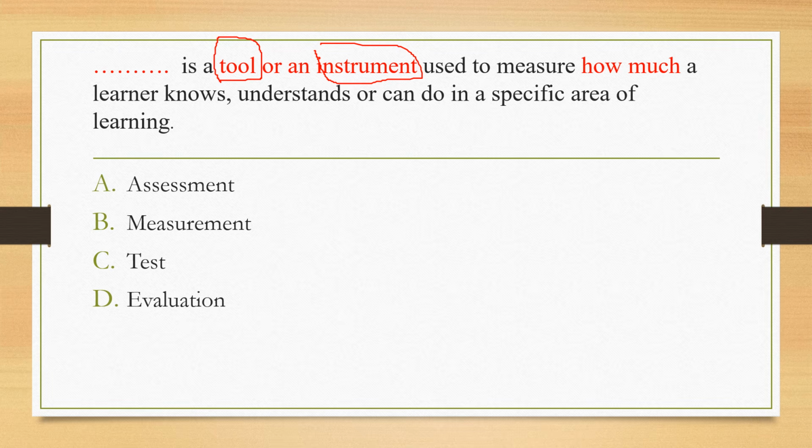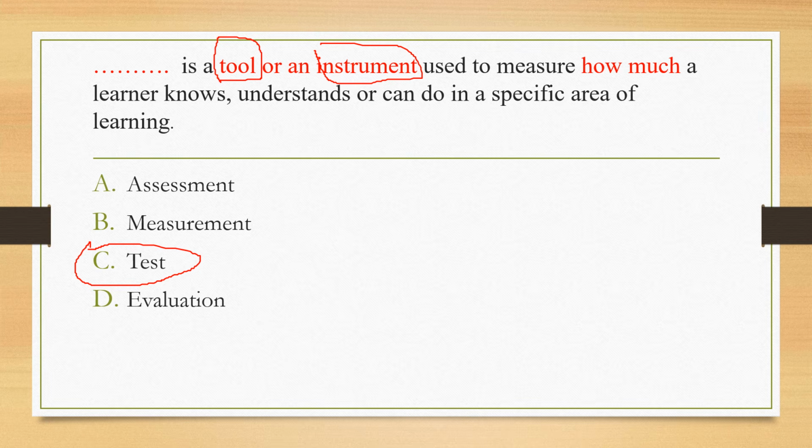So these words you see over there, that tool or an instrument, according to our previous discussion, the answer is going to be test. So test will be the answer to this question based on the key phrases or words you see over there, that is tool or an instrument.